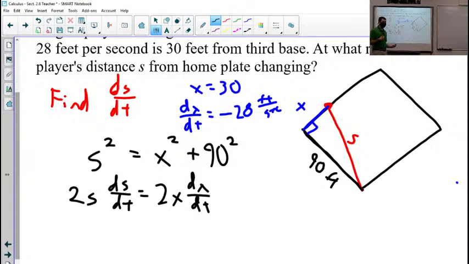And we get the same result as we would have if we had put in that this rate of change was 0. It would still cancel out and be 0. All right. We're trying to solve for ds/dt.